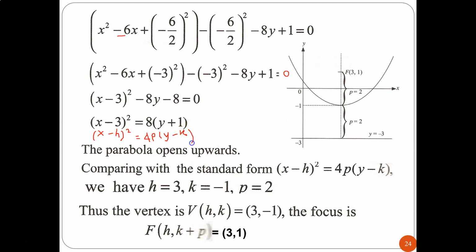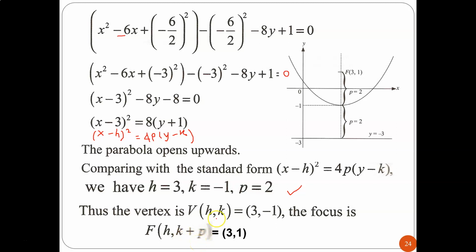Like that. So you can compare what is your h, what is your k, and what is your p. From there, I found this one. So once you get this, you plug in the value. Vertex is always h and k for this case. And you get this one. And your focus is k plus p.